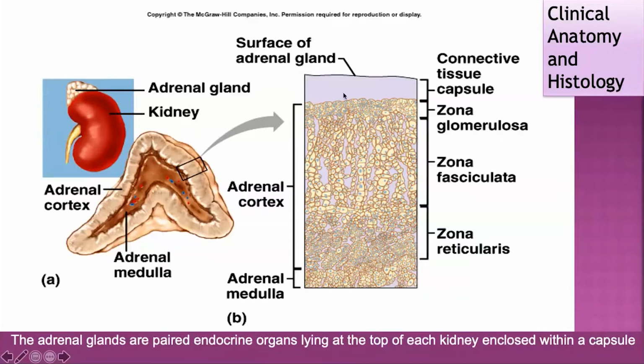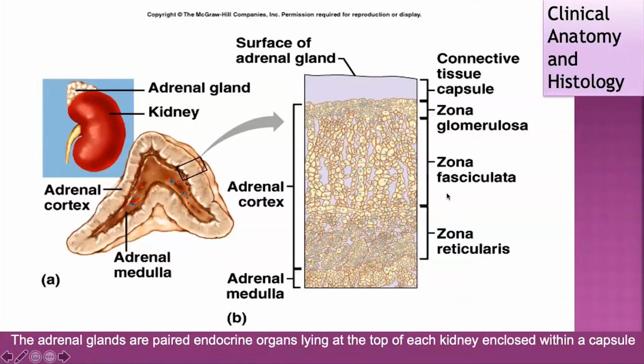The cortex has three zones. We call them zona glomerulosa, fasciculata, and reticularis, and after that it has a medulla. So mainly it is composed of two areas, cortex and medulla. But the important one is the adrenal cortex.